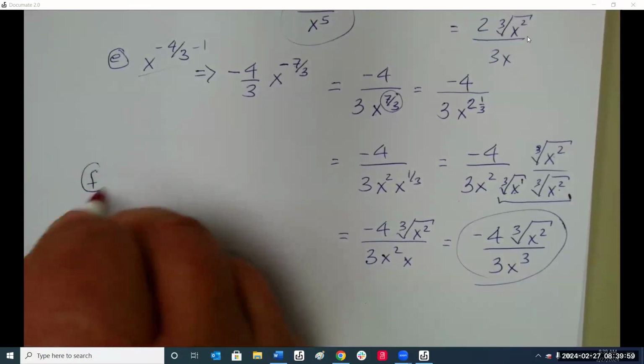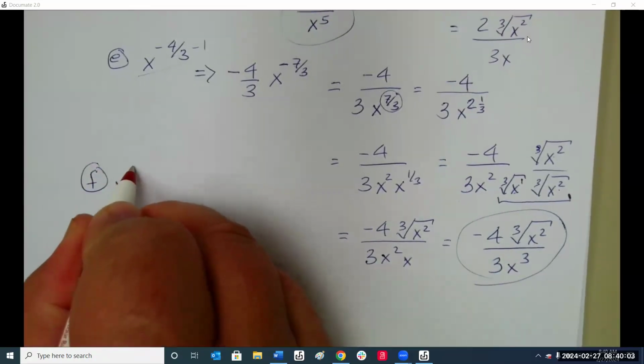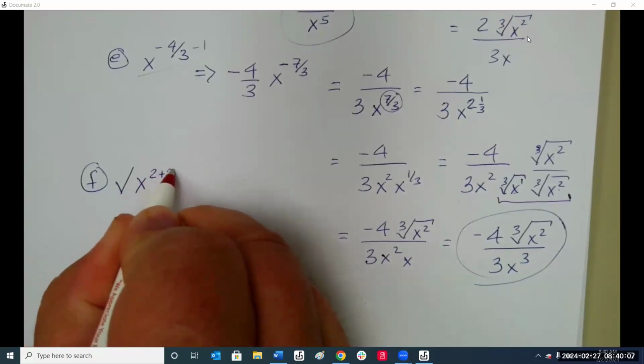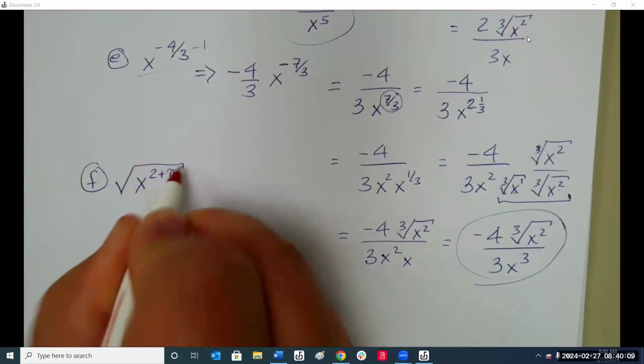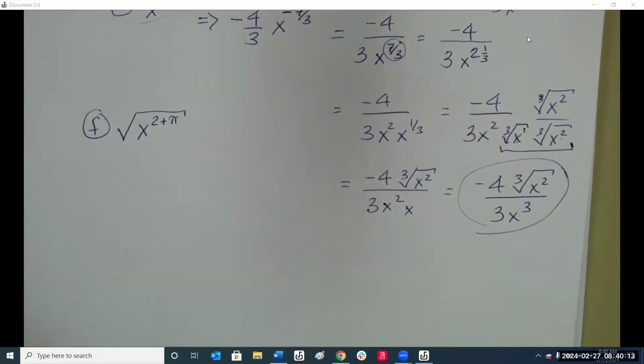And the last one, F. It is the square root of x squared plus pi. What do you think you have to do here?